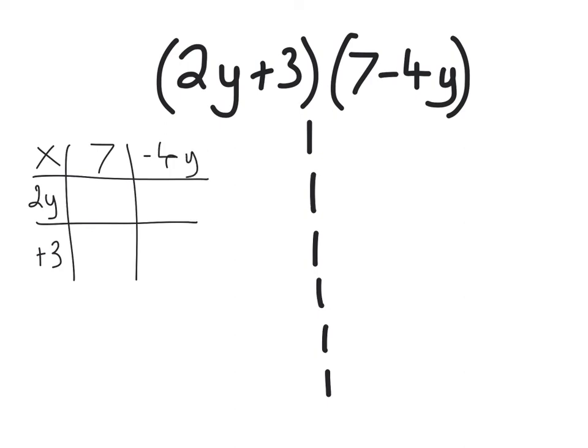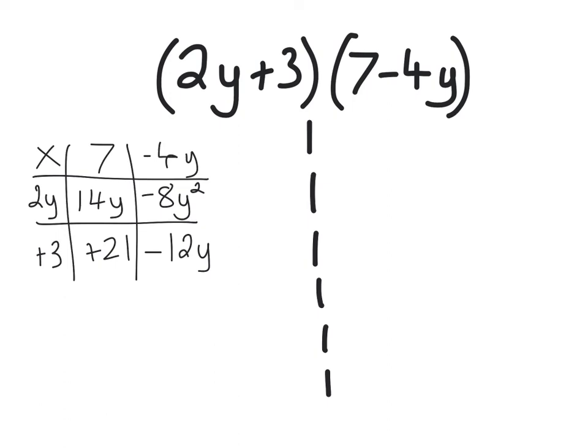So multiplying then, I've got 2y times 7, which is 14y. I've got 2y times negative 4y, which is negative 8y squared. Then I've got 3 times 7, which is positive 21. And then I've got 3 times negative 4y, which is negative 12y. Now remember, we talked about this in class. We want to form a quadratic, and a quadratic goes in order of power from the power of 2 in an unknown number down.